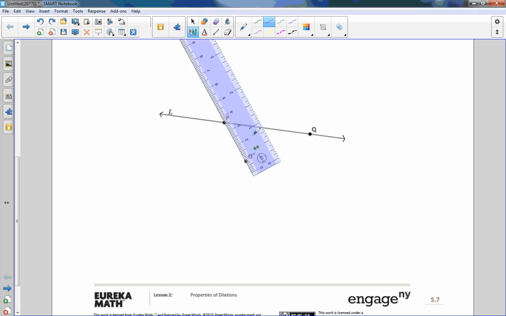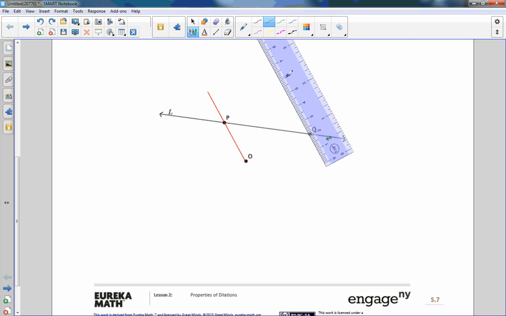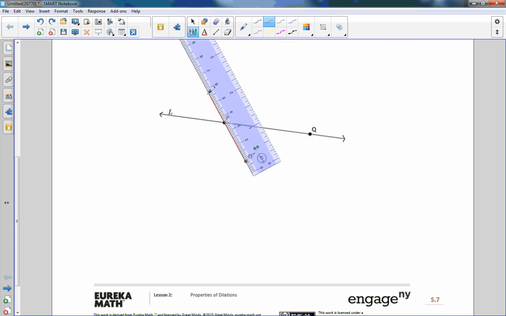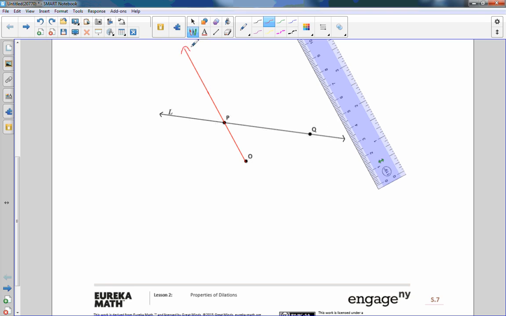Okay, so I've lined up my ruler, and I'm going to draw a line from the point O through P and continue up. Let me make that a little bit longer, like so. Okay, so that is ray OP. There is ray OP.